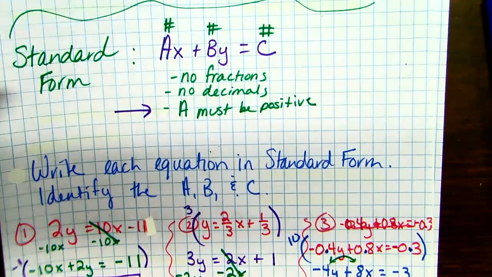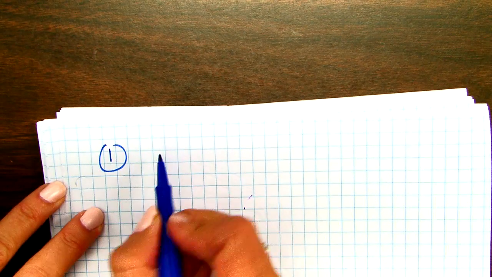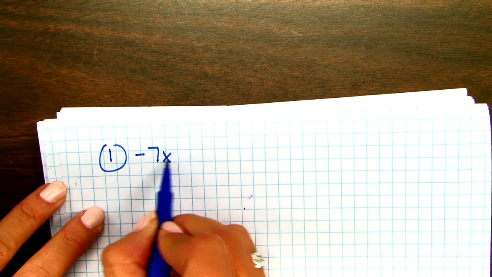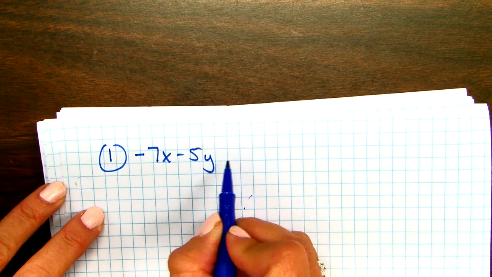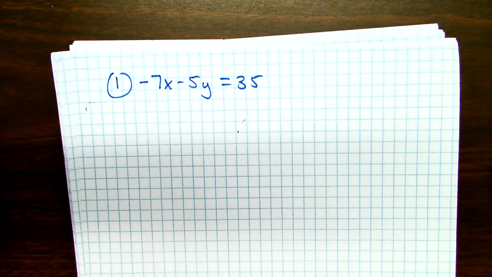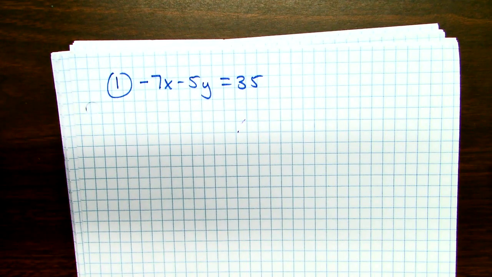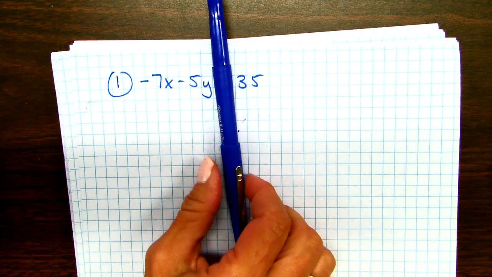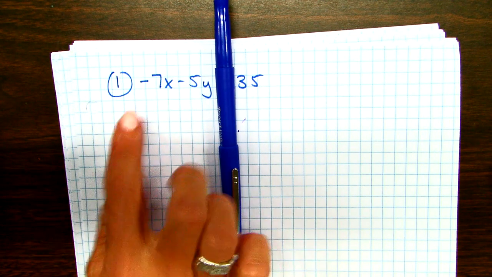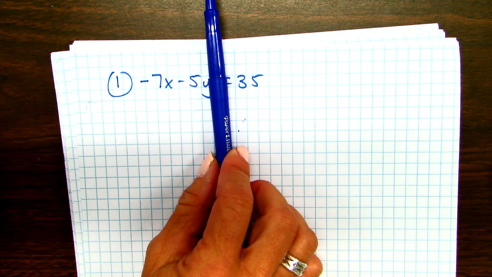Okay, so let me get you started. I mean, can you get much easier than this one? There's only one thing wrong with this one, right? AX and BY are on the left side, and they're in the right order. There's no fractions.